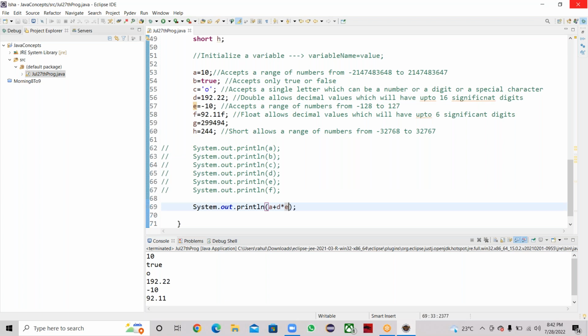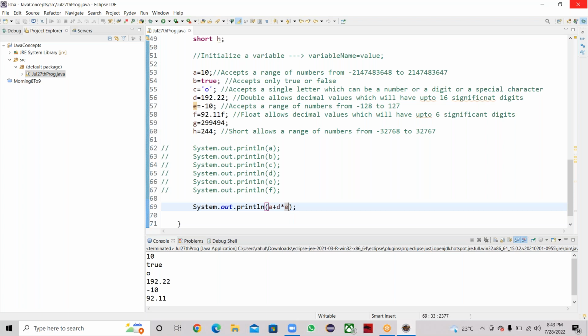Now tell me what is the output of this? Haripriya. It's -2022.2. Sorry, Uma, can you repeat it? It's -2022.2. How about others?